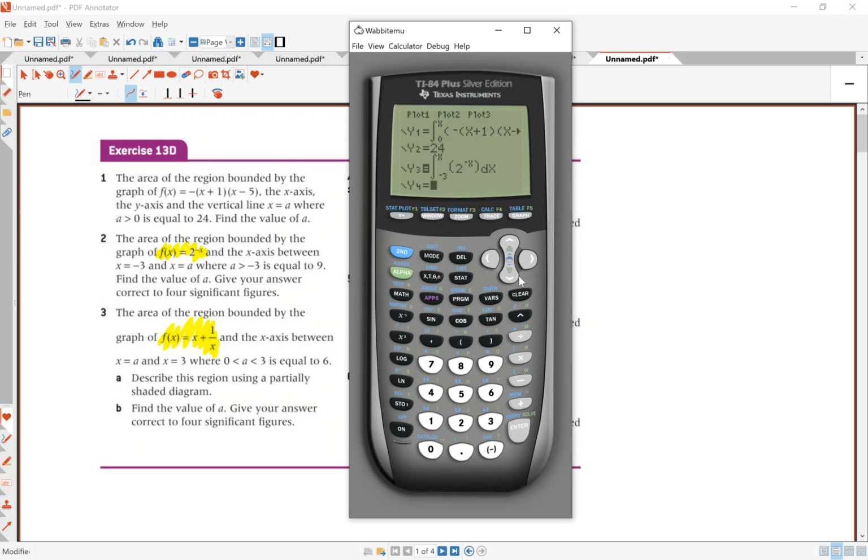Right. Then in y4, I'm going to put in the area that it needs to be. So it says the area is equal to 9. Right. So I'm going to put in 9 there. This time, graph it. It's going to take a while, because it has to think, you see, it has to actually calculate all the integrals.